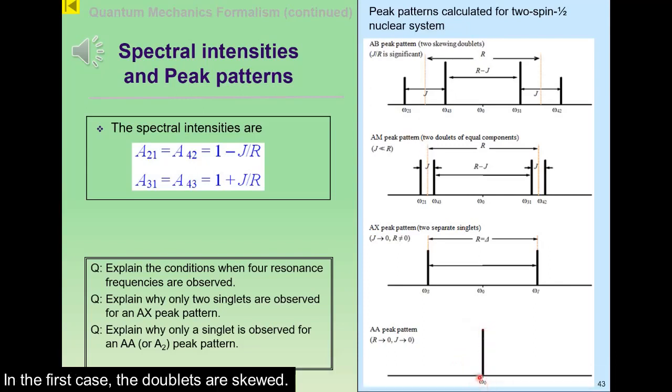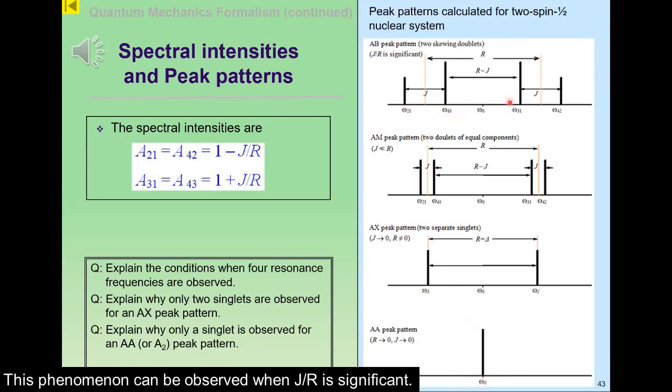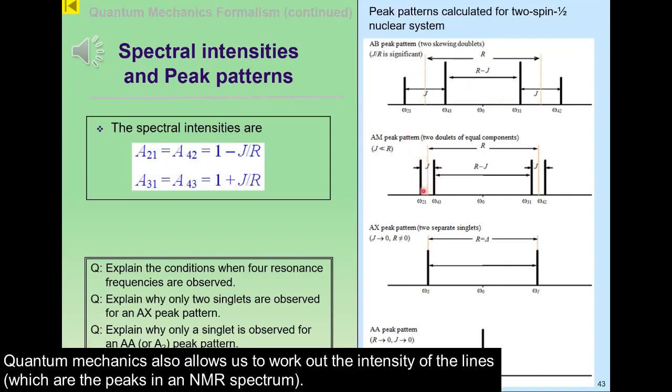In the first case, the doublets are skewed. This phenomenon can be observed when J over R is significant. When J over R is less significant, no skewness will be observed.